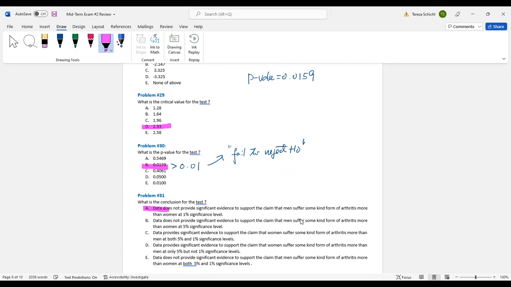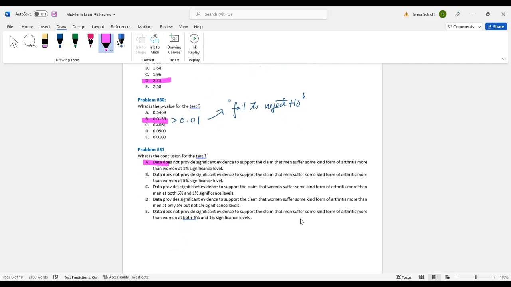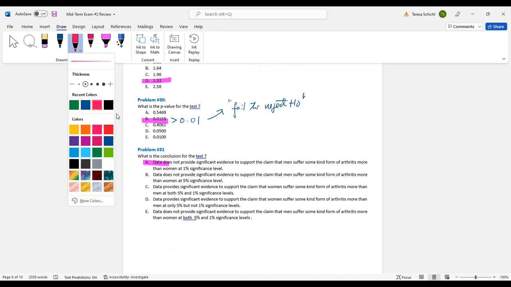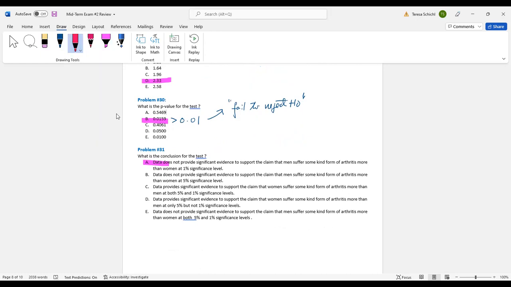So it's part A. Let's read the others and see what is wrong with them. So the second one says the data does not provide significant evidence to support the claim that men suffer more arthritis at 5%. Wow. So here, I know the p-value is 0.015.